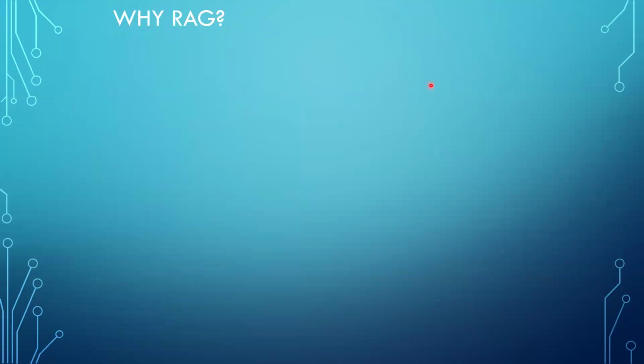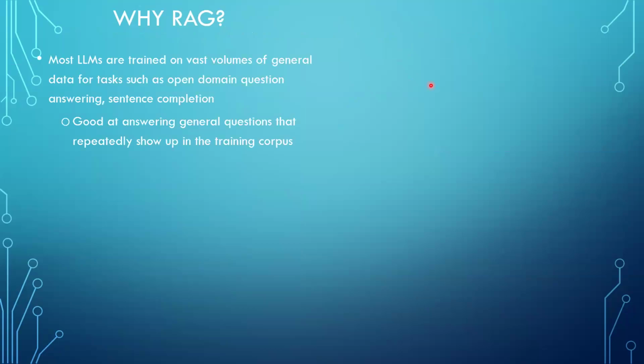So why do we do RAG? As I said, the large language model itself is trained on a vast amount of information that is openly available on the internet. So it is good for answering general questions and answers. But if you want very specific hardware design information, it is very difficult to find publicly available.